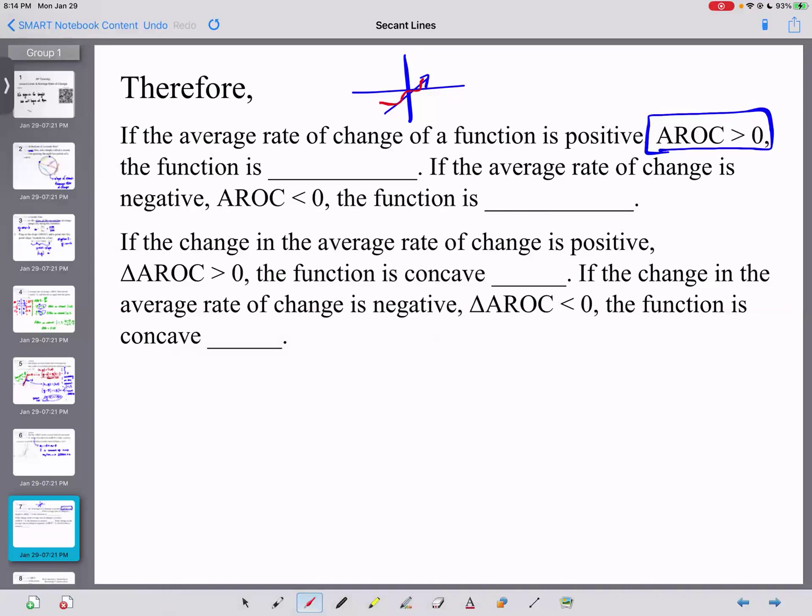Increasing. There you go. So it could be any type of a curve. But if that's the function there, f, let's call it, if it's going up, then it is increasing. Conversely, if the average rate of change is negative, meaning A rock less than 0, then the function is decreasing.